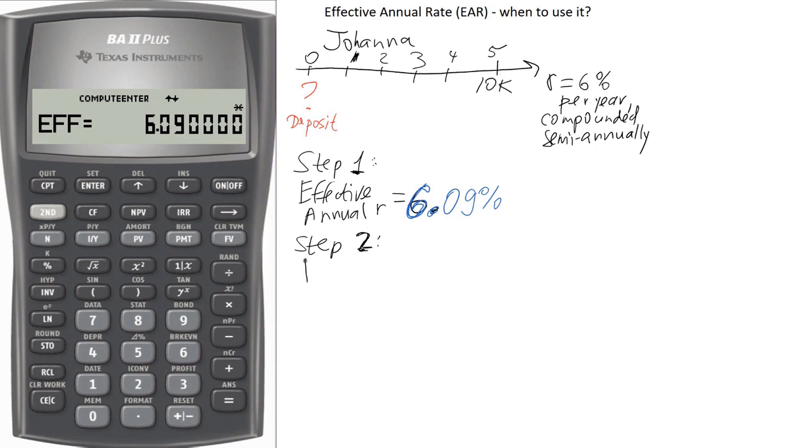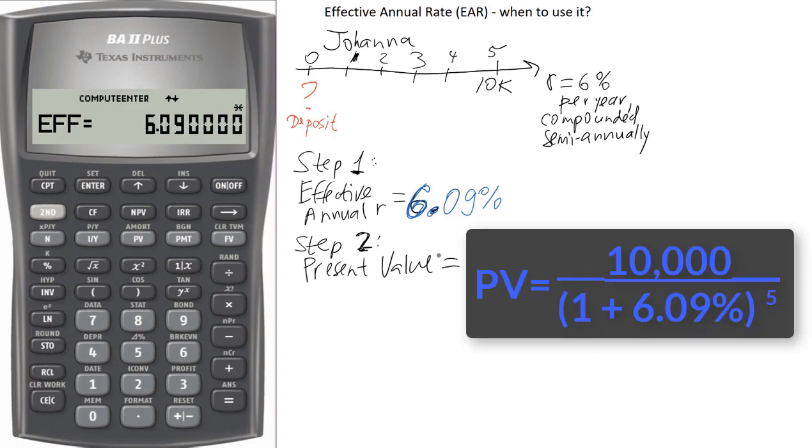Okay, so we want to calculate the present value. And again, the financial calculator will definitely save us a lot of work and a lot of parentheses and powers that would be happening if we use the formula for the present value.